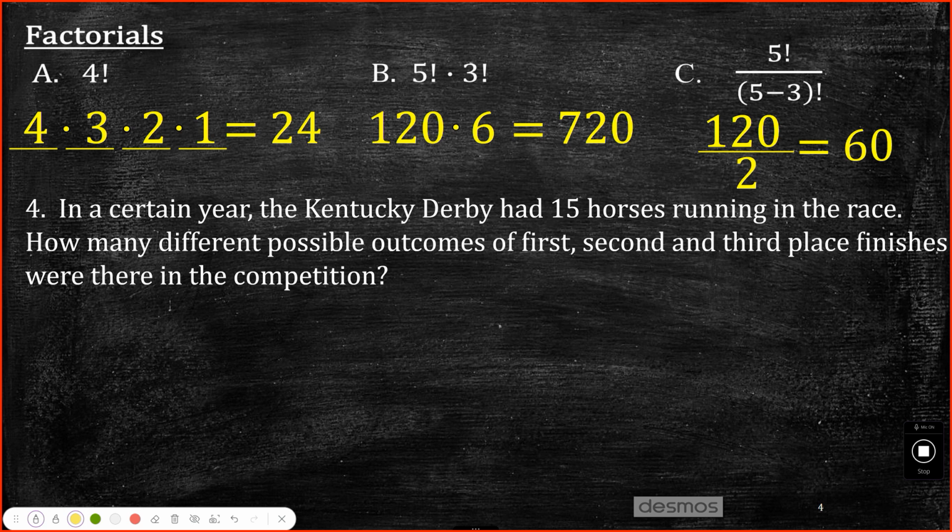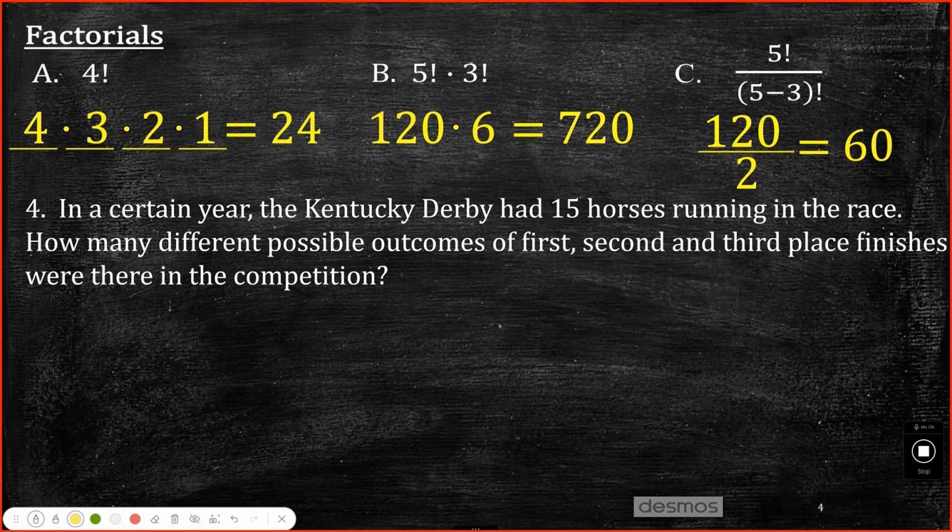So they all got a chance, but they usually do have a favorite, a couple of favorites. In any case, let's say that they all got a chance. How many different possible outcomes of first, second, and third place finishes were there in this competition? And why are we only concerned about first, second, and third?